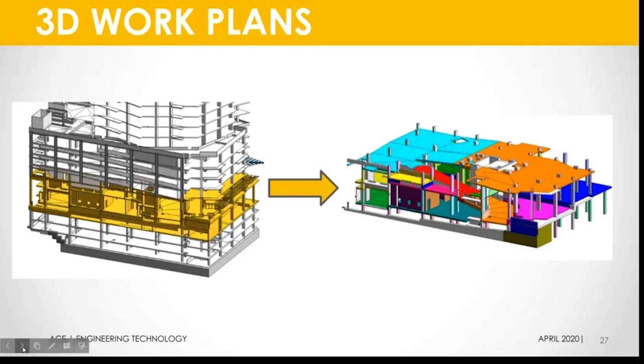We're taking this really complex couple levels of this tower structure where you have a parking ramp going in, you have a number of pieces interfacing with each other, and we're creating just a very simple color coordinated construction sequence just to be able to better show the order of how things are going to go together.